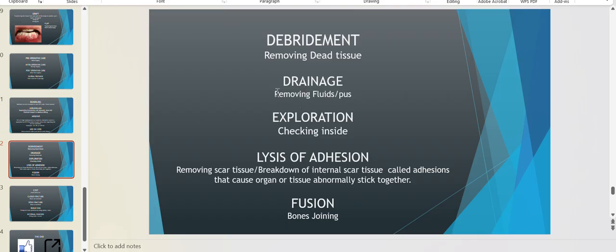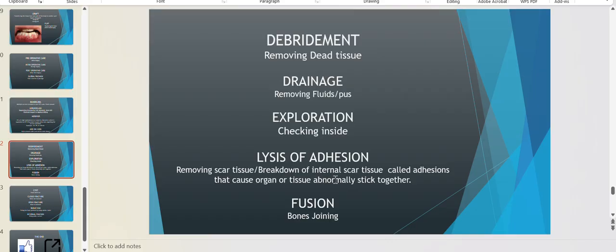Now exploration. Exploration means checking inside the body. Okay. Lysis of adhesion is the breakdown of internal scar tissue called adhesion, removing the scar that causes organs or tissue to stick together abnormally. Okay.